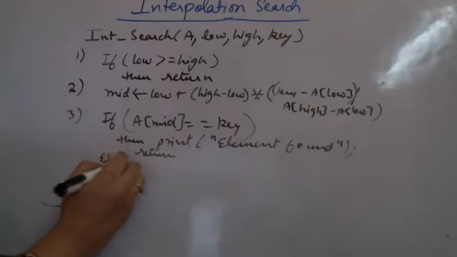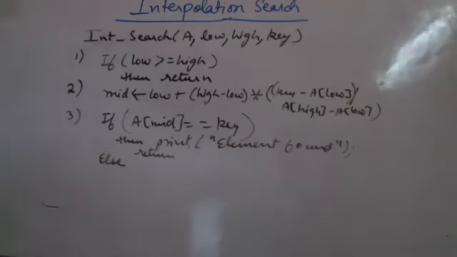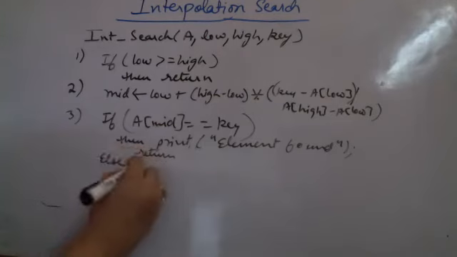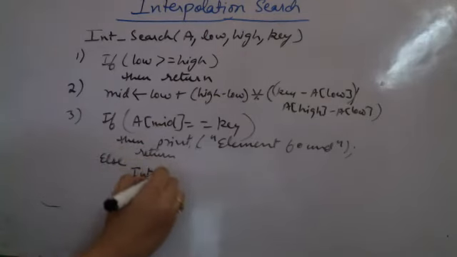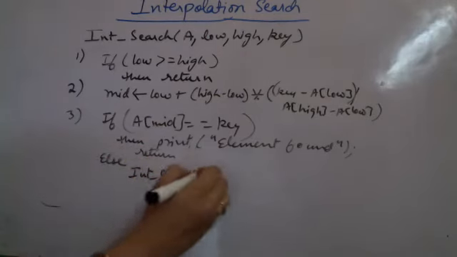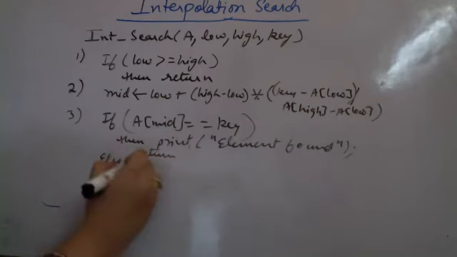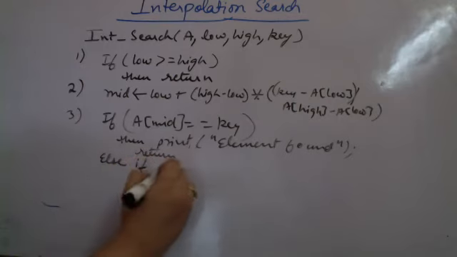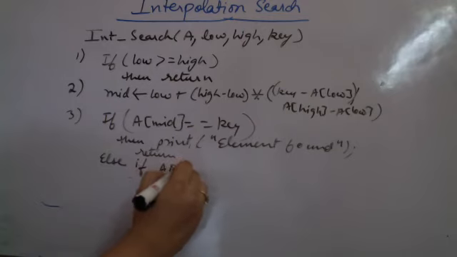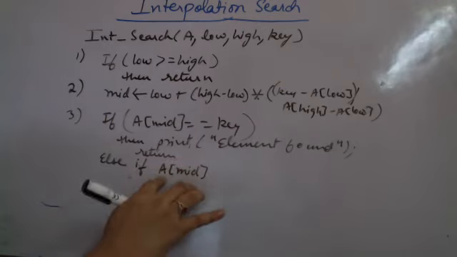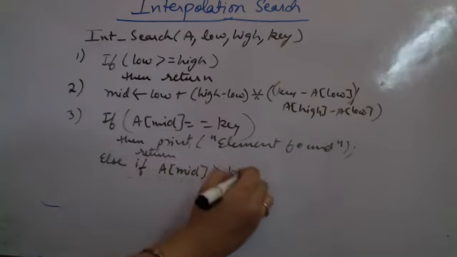Else what should I do? I should again call the search procedure, the same procedure, so I am calling interpolation search. Else, I have to check if a of mid is greater than the key.